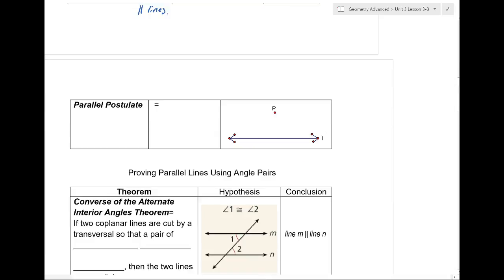All right, this is a weird postulate. It doesn't show up often, but when it shows up, it's very useful. It's called the parallel postulate, and this is what it says.